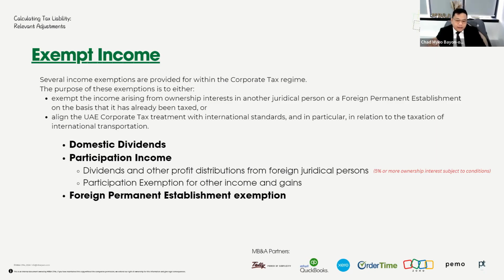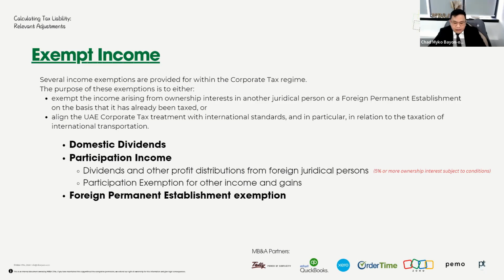Normally this shouldn't be part of the expenses in calculating our taxable income, so that should be adjusted. Normally this kind of expense would be considered a capital expenditure under the accounting standards, so it should be part of the value of the shares that we have invested in the other companies.